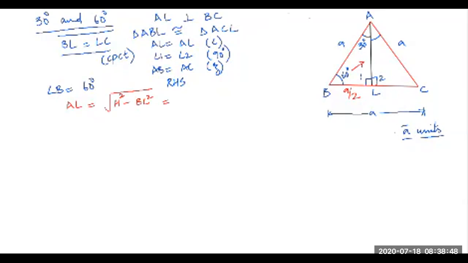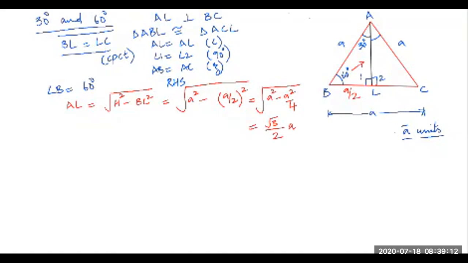So hypotenuse is A square and base is (A by 2) square, right? This is equal to A square minus A square by 4, and that gives me students, this is equal to under root 3 by 2 A.